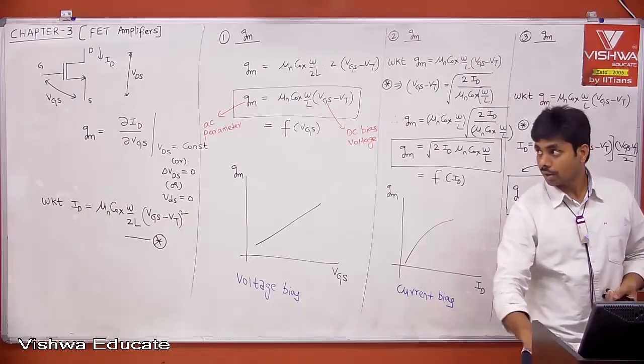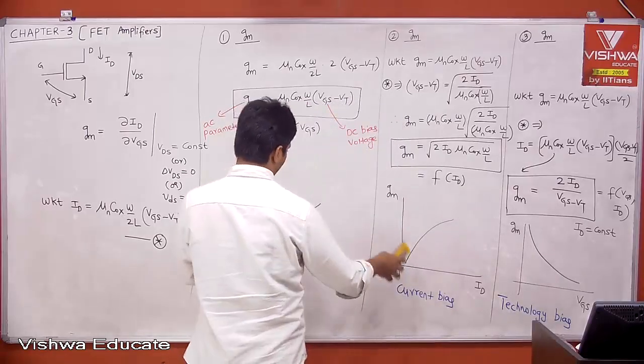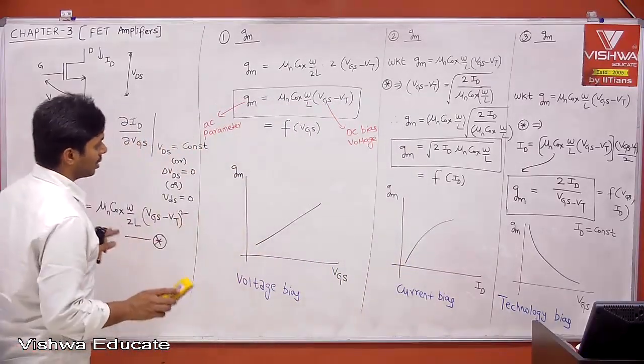Sufficient time is given, therefore I hope this is clear. Done? Okay. I'll explain the difference between voltage bias and current bias. Then I can say this is done.